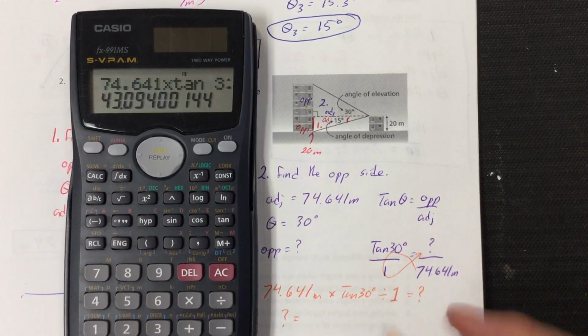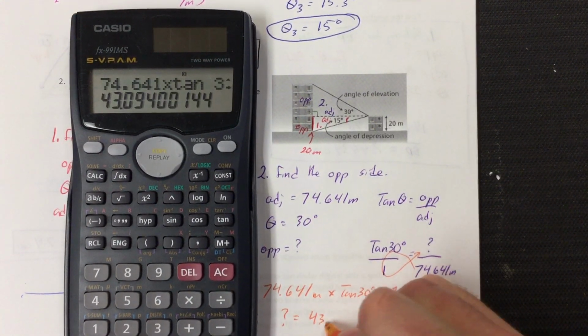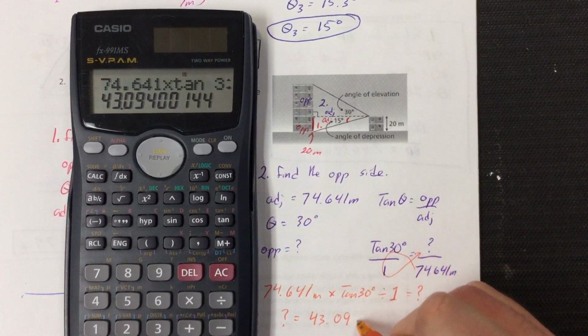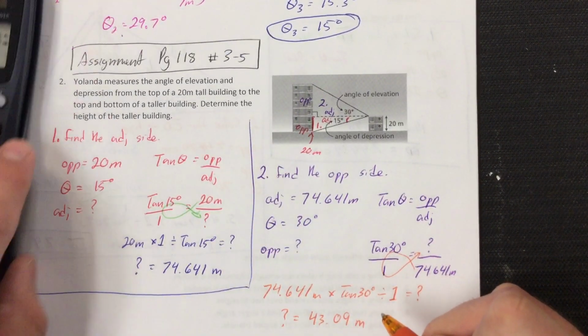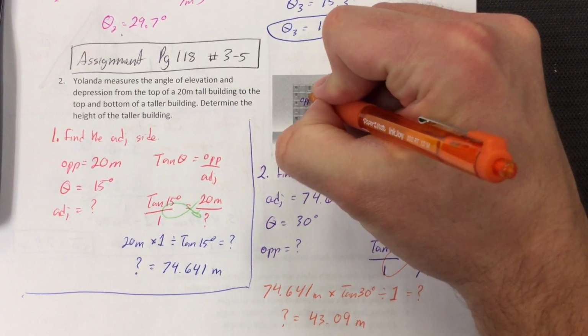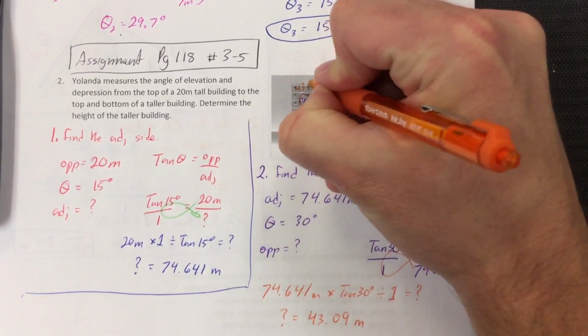We just type it in, and we get that this is 43.09 meters. So we know now that this right here is 43.09 meters.